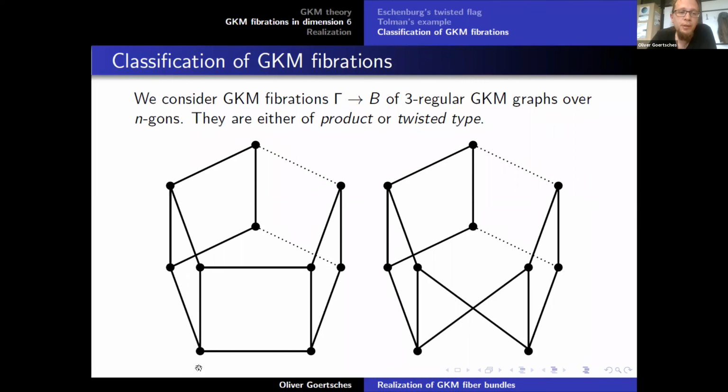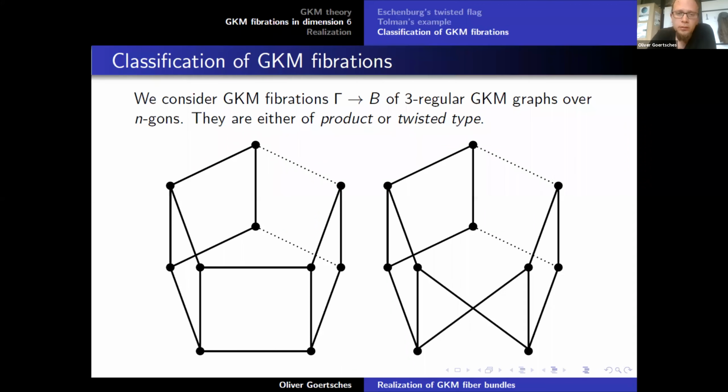Over each edge in the base, you necessarily have a quadrangle, and then you have all these quadrangles lined up after each other. The only choice you have is whether you glue them together like a cylinder, as indicated here, or like a sort of graph-theoretical Möbius band, as indicated here. So just on the level of graphs, this is all you can do.